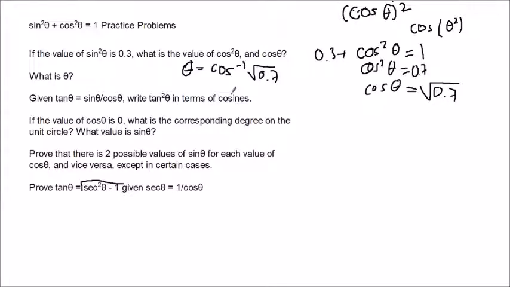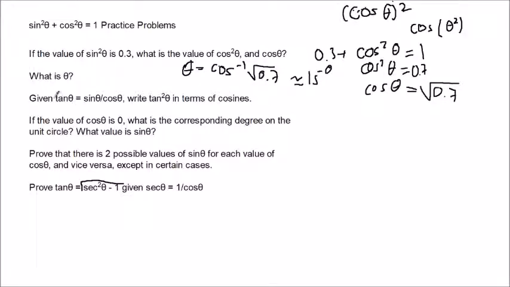I think it's about 20 degrees, maybe less. Okay, 0.7 square root. I don't even think there's an inverse. Let's say it's about 15 degrees.